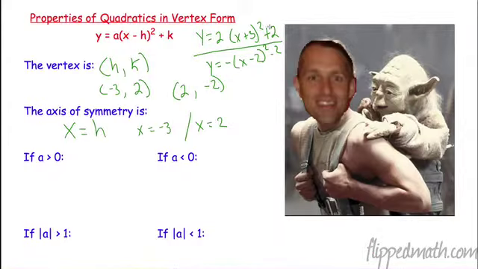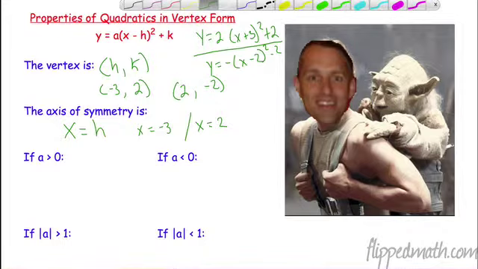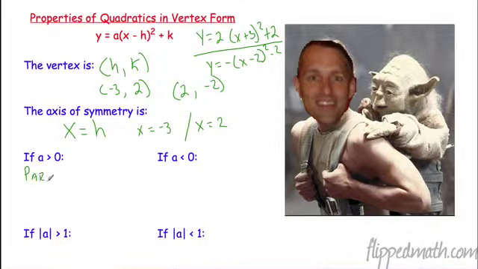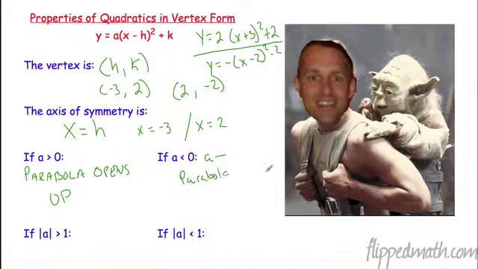Let's write that down. All right? So if a is greater than 0, the parabola opens up. And if a is less than 0, if a is negative, then the parabola opens down.